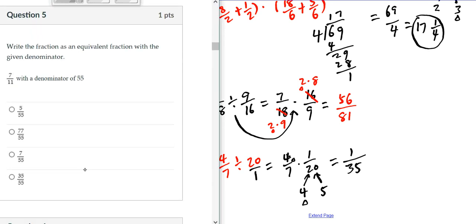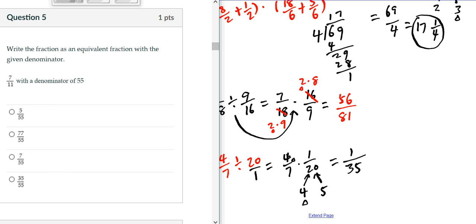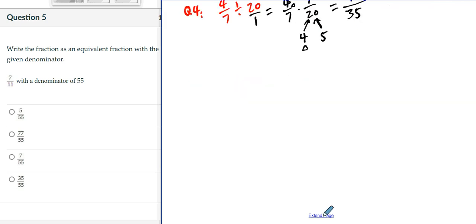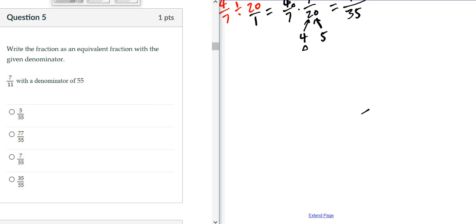Now, question 5. We do question 5 here as well. Question 5, we want to write the fraction as an equivalent fraction with the given denominator.